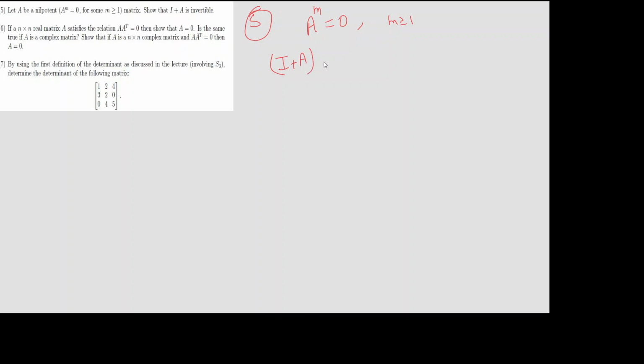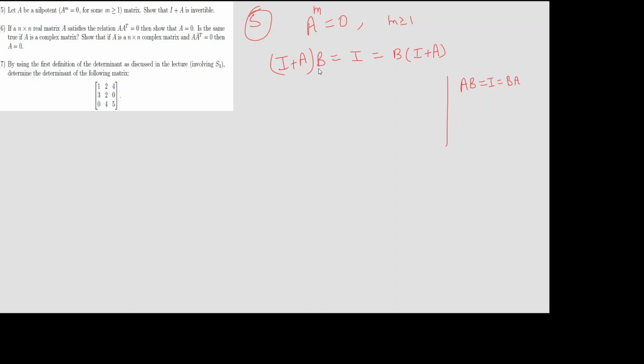That means there is a matrix B such that this is equal to identity, or B into I plus A is also identity, because a matrix A is said to be invertible if there exists a matrix B such that AB is equal to identity or BA is equal to identity.